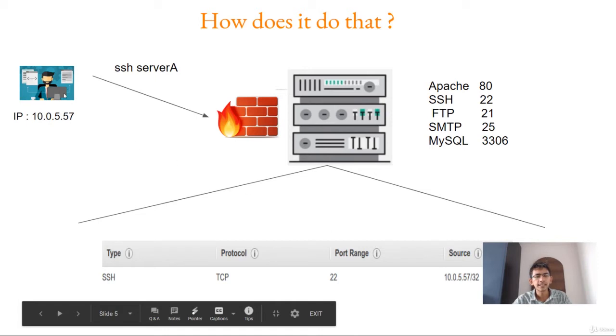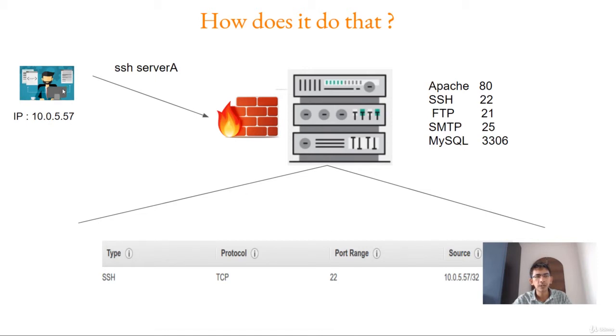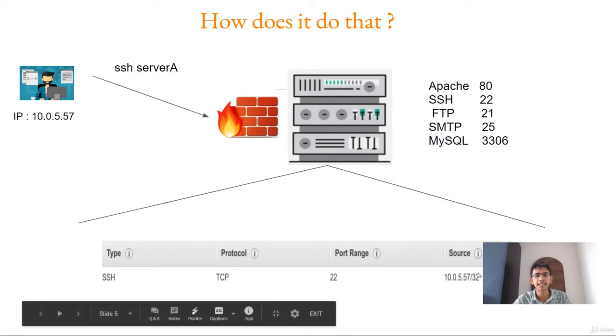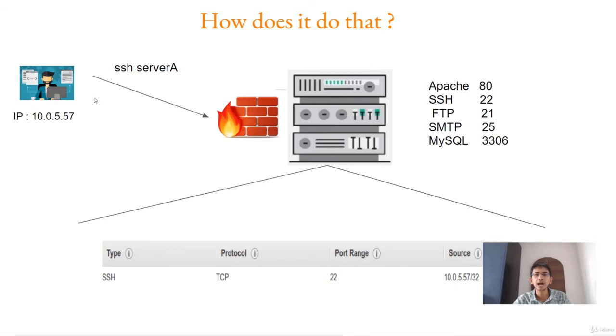So in this diagram, this good guy, whenever he performs SSH towards this server A, since he has the IP address 10.0.557, which is the same as you see in the screenshot, his connection will be allowed through the firewall. That means he'll be able to connect to the server.